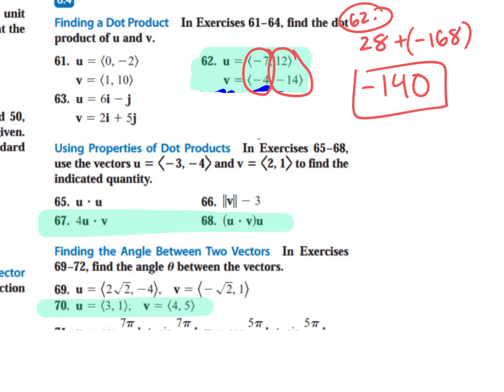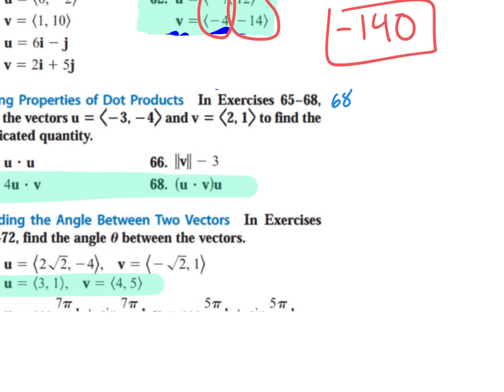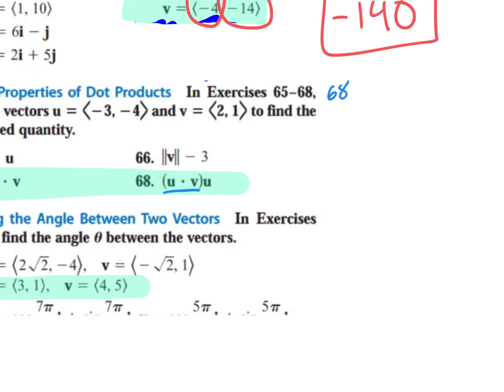Okay, so let's do 67. Actually, let's do 68. So first it asked me to find the dot product of U and V, so that'll be the first times the first. So that is -3 times 2, which is -6.